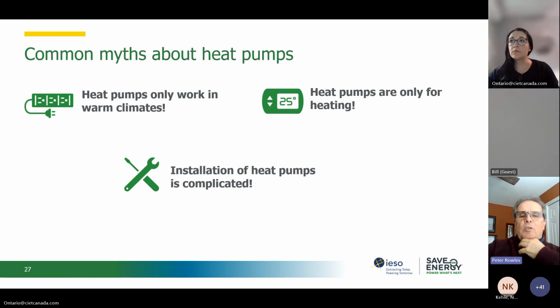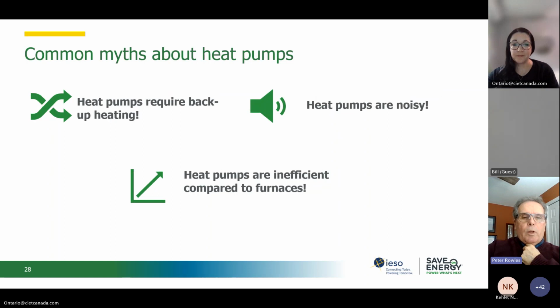But the modern systems are designed to be user-friendly and easily adapted to home setups. It's recommended that you look for backup or supplemental heating for the cold periods, and sometimes for emergency heating.